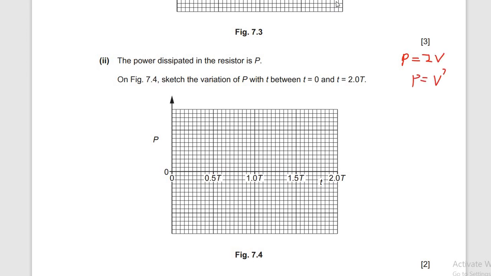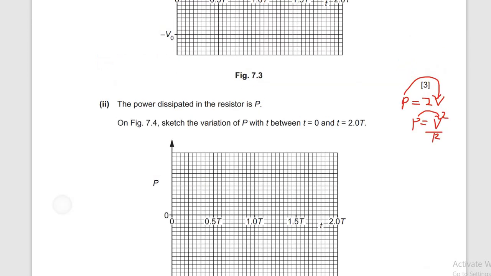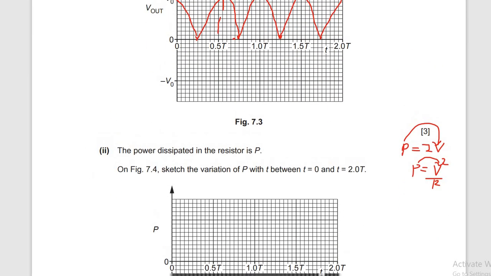Power is V squared over R. So power and voltage: whatever voltage you apply, you get the equivalent of the power. So it's the same thing. The graph of voltage against period and the graph of power against period will be the same. So it's like the one I sketched earlier.